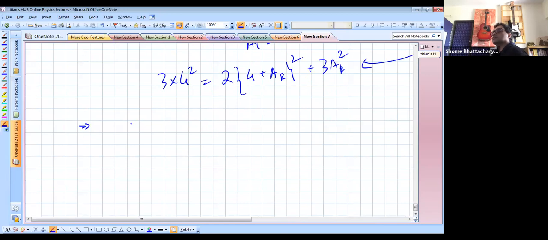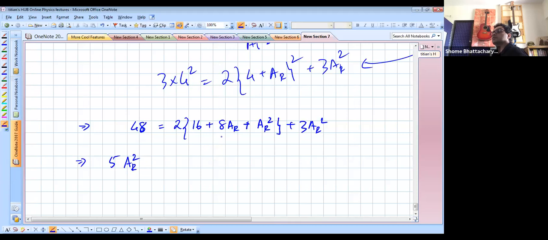So we got 3 plus 5 ER square plus 16 A reflected minus 48 plus 32.